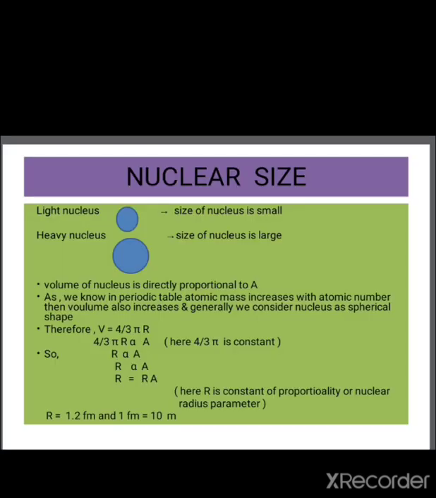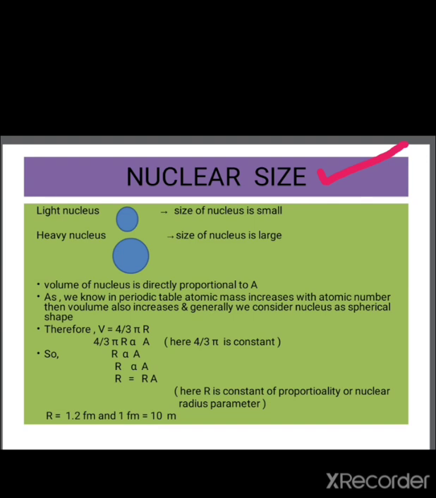Now we will discuss the next property of our nucleus, that is nuclear size. We know that in the periodic table there are some lighter nuclei and also some heavier nuclei. These vary according to the mass number. As we move in the periodic table, atomic mass increases with atomic number.